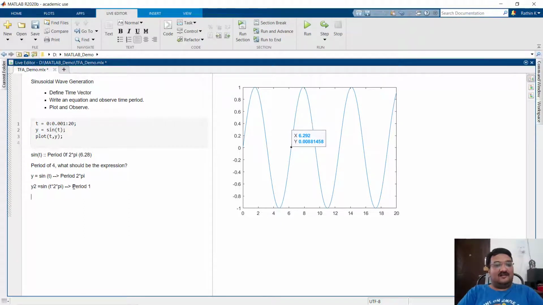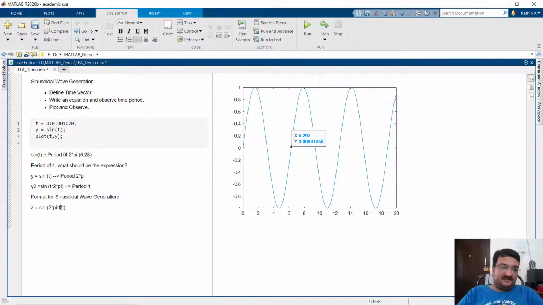In other words, the format for sinusoidal wave generation, which most of you know, we write without completely understanding why it is like this. Suppose we name the signal Z. I'll keep the time vector as it is, but the formation is like 2 pi f into your time vector.